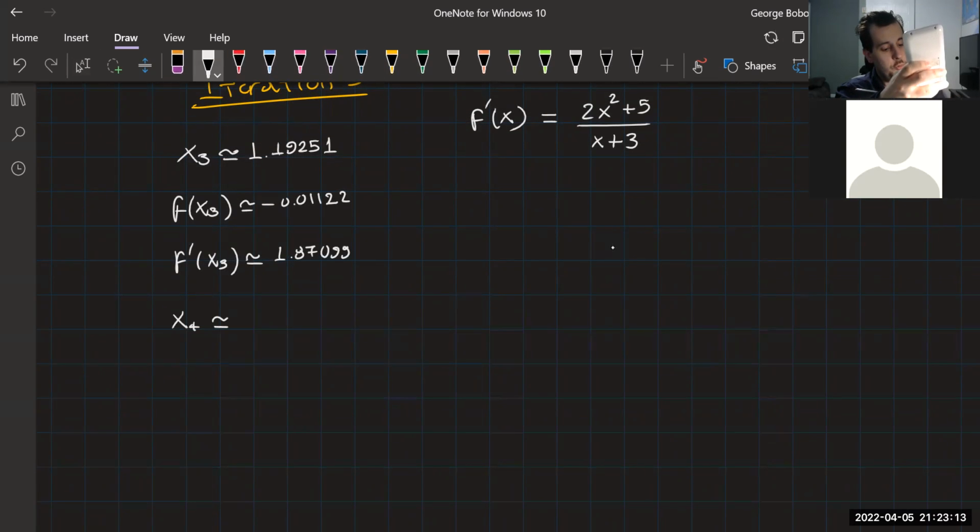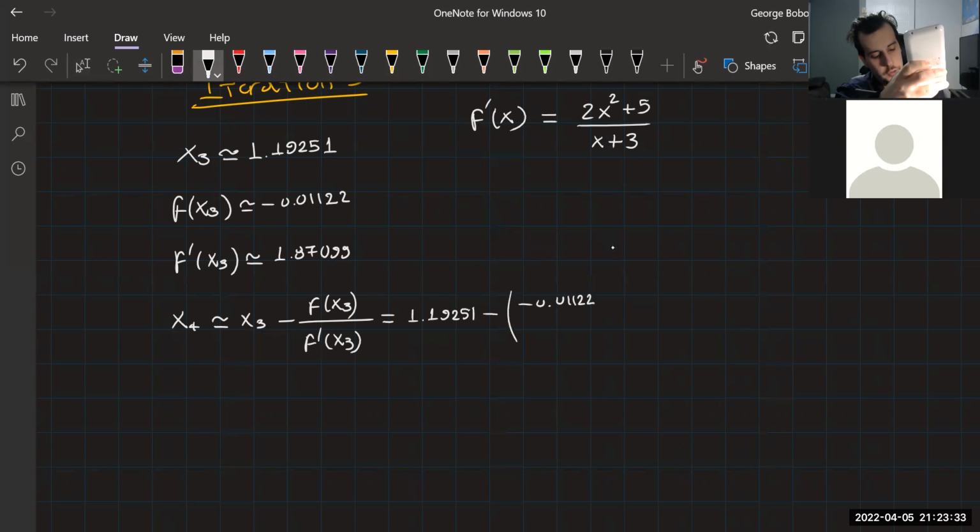So the next guess to the root is the previous minus the function at x3 evaluated by the derivative at x3: 1.19251 minus 0.01122 divided by 1.87099. Okay.